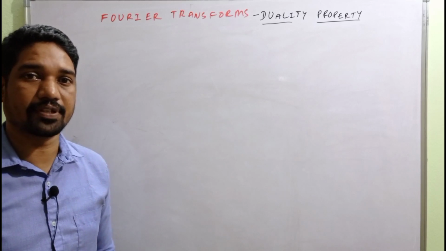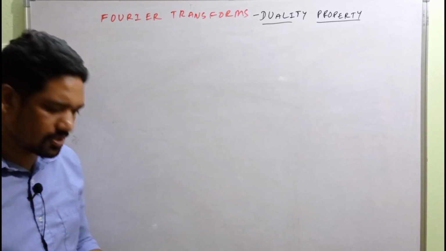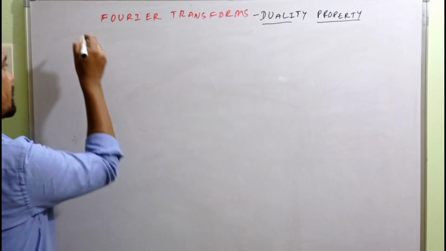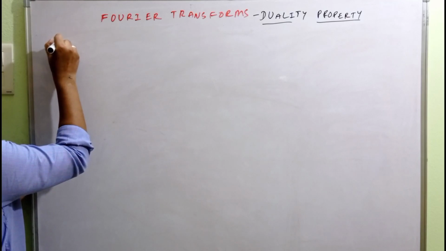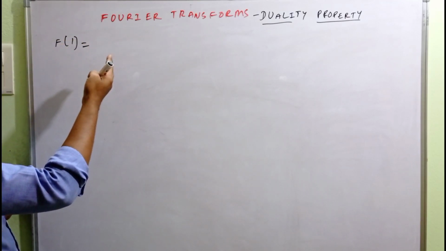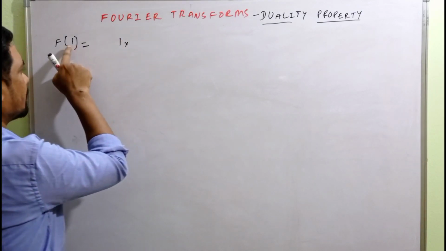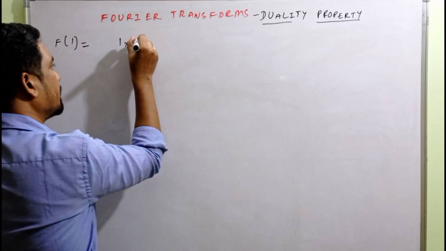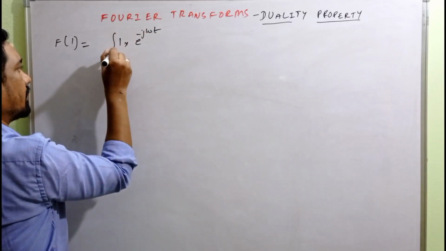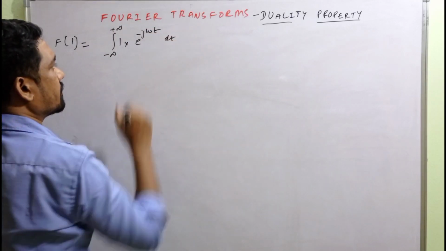Fourier transform of any constant function, let it be one, unity throughout, extending from minus infinity to plus infinity. Fourier transform of 1. So how to evaluate according to the formula? The given function 1 is multiplied with e raised to minus j omega t and integrated from minus infinity to plus infinity with respect to t, dt, isn't it?